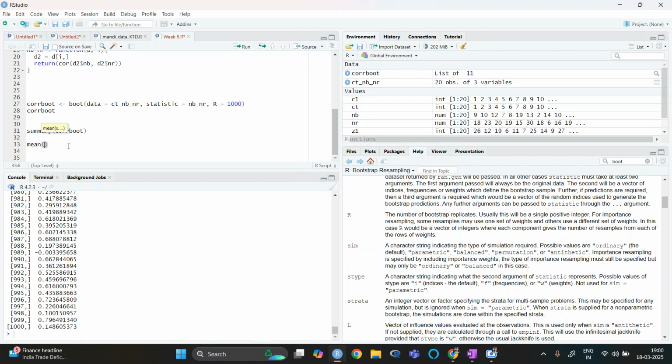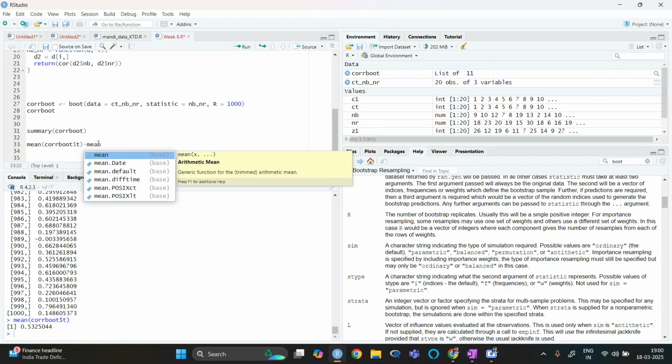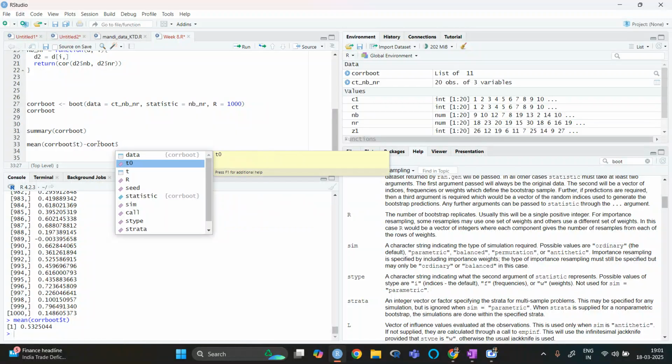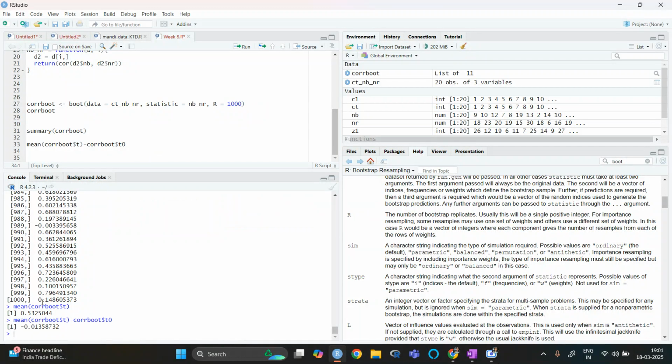So if I take the mean of it, you can say this is 0.53, and if I do minus, oh sorry, just core boot, and then T naught. So T naught is the original one. This one will give you the biasedness.